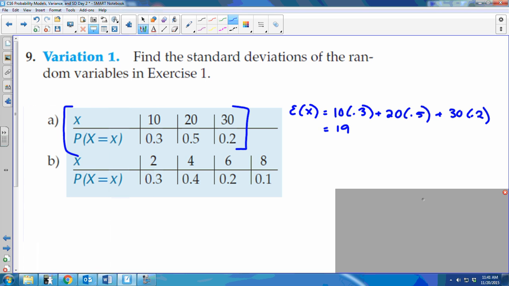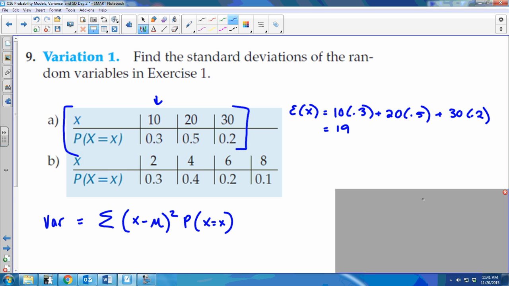Then in order to find the variance, the formula is the sum of the outcome minus the mean squared times the probability of that outcome. So if we're going to find this, we would need to do these one at a time. So we start with this column.